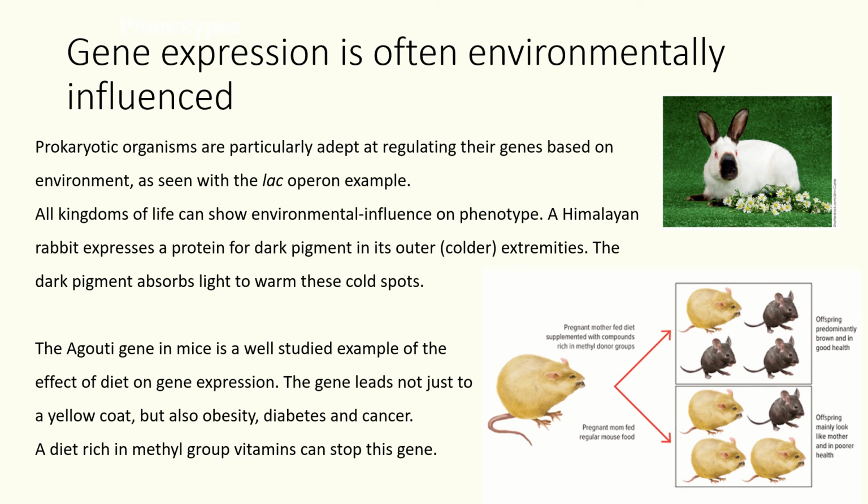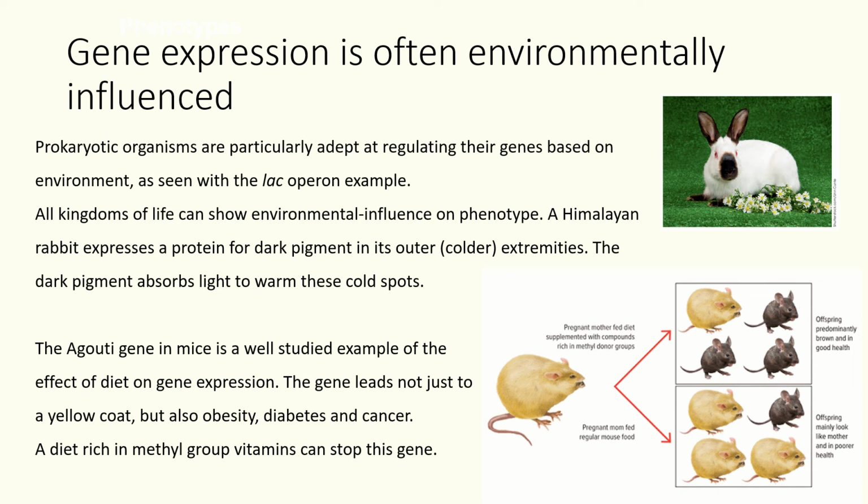But if they have a diet that is rich in methyl group vitamins, then that can actually stop that gene. So you can see that the pregnant mother here is fed with methyl-rich foods, and their offspring are going to be predominantly brown and in good health. Whereas if they're fed with regular mouse food, then we end up with a lot of big, fat, diabetic mice.